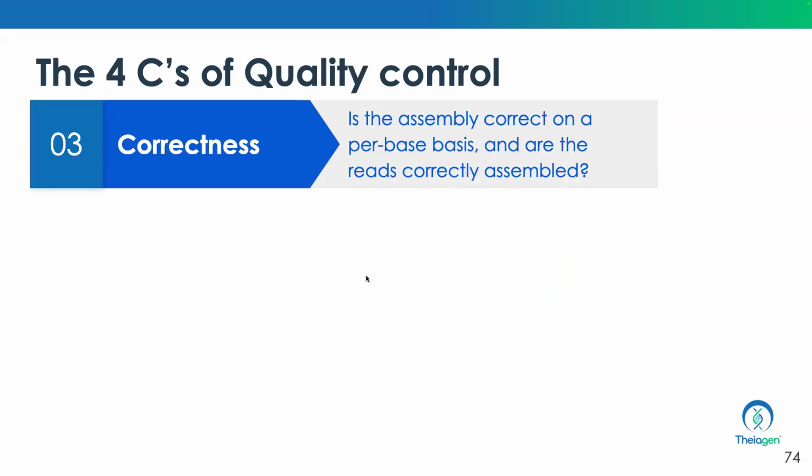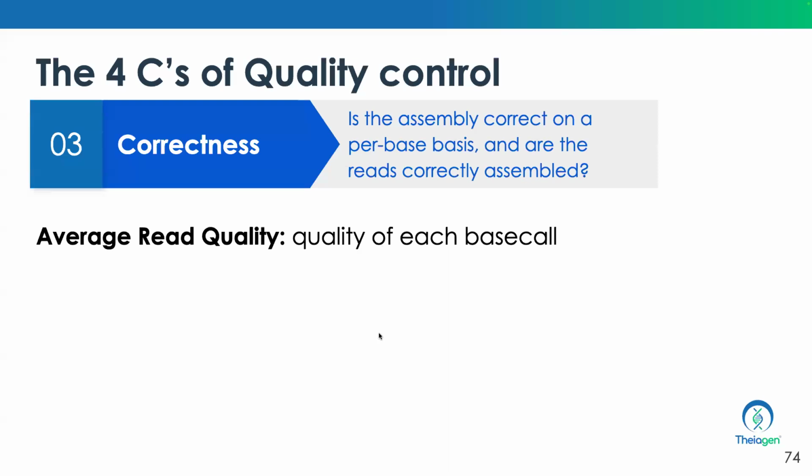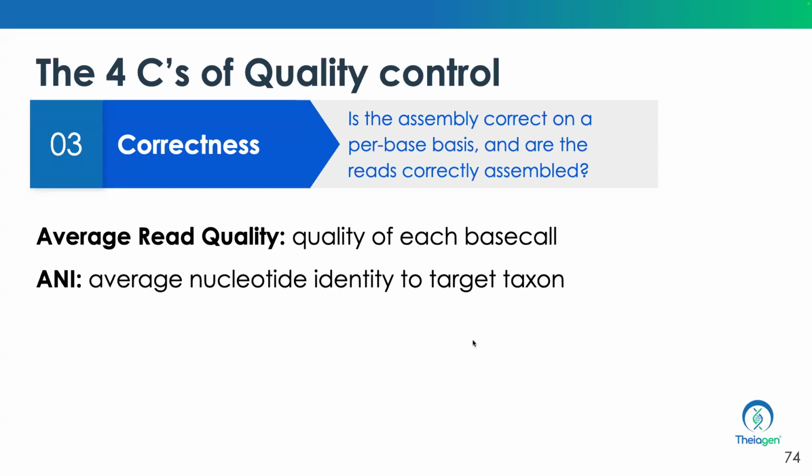The third C here is correctness. So if it's as complete as you can get, and as unfragmented as you can get, then we now assess the correctness. Is the assembly correct on a per base basis, and are the reads correctly assembled? So here we want to look at the average read quality, again, going back to the Phred quality score. So typically you want this above 30, and the higher the better. And also how high is the nucleotide identity to your target taxon?